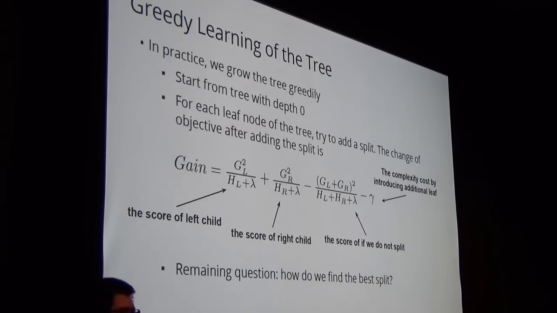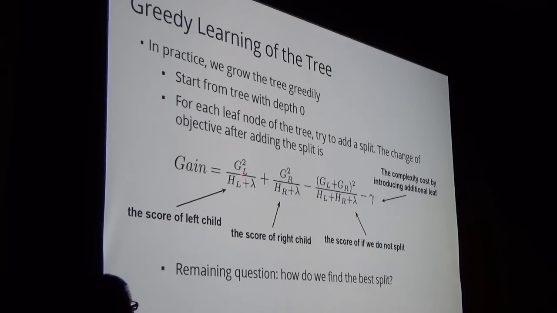We can use it to measure the structure score before you add a split, minus the structure score after you add a split. That is the gain you can have by adding that split to your tree. And you can show that it's given by this simple formula.